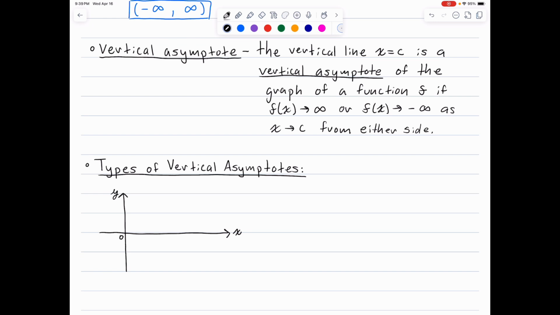And then I'm going to have my vertical asymptote here. It goes on forever, up and down. It's at x equals c here. That's the line x equals c. And I'm going to be reusing this multiple times, so I'm just going to copy that real quick.